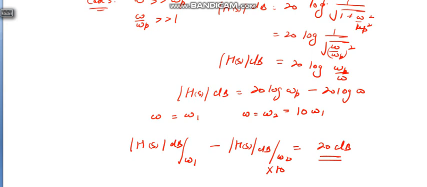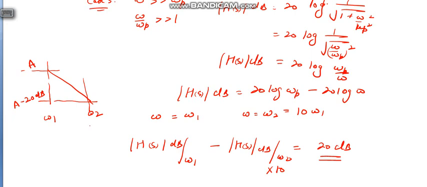So we say that this is omega 1 frequency, this is omega 2 frequency, and if this is some gain, say A, then here gain will be A minus 20 dB.